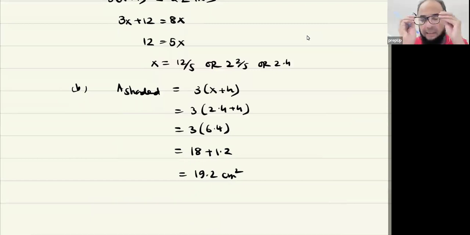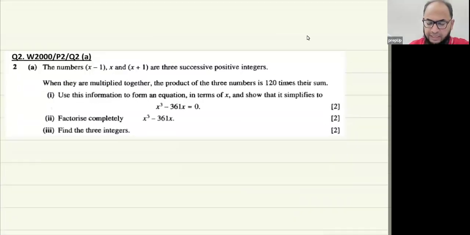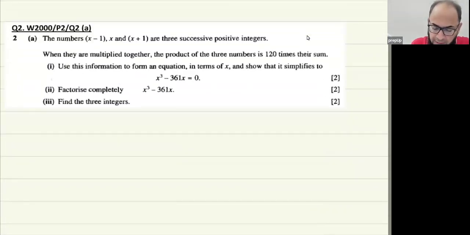Okay, ji, let's move on. Now, next question, question number 2. It says the numbers x minus 1, x and x plus 1 are three successive positive integers.